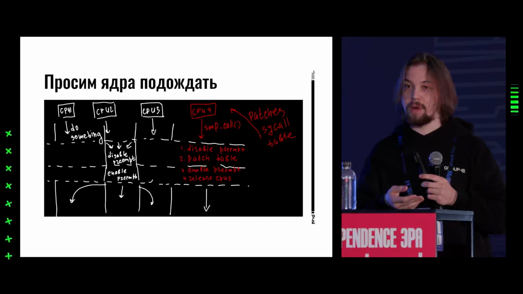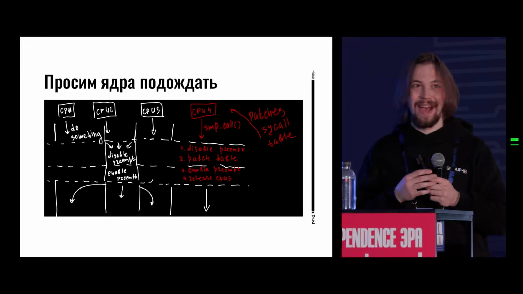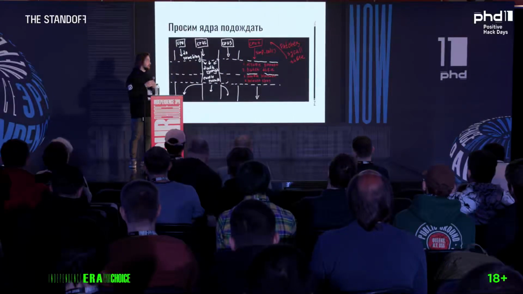So we can mark this page with the memory as no read, but we don't know what's going to happen. So the only solution we believe is to ask all the other processes to wait and do nothing. I mean, nothing at all. Okay.